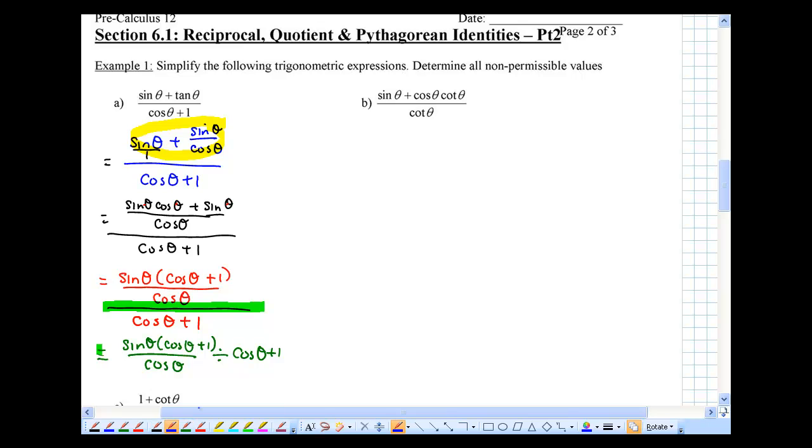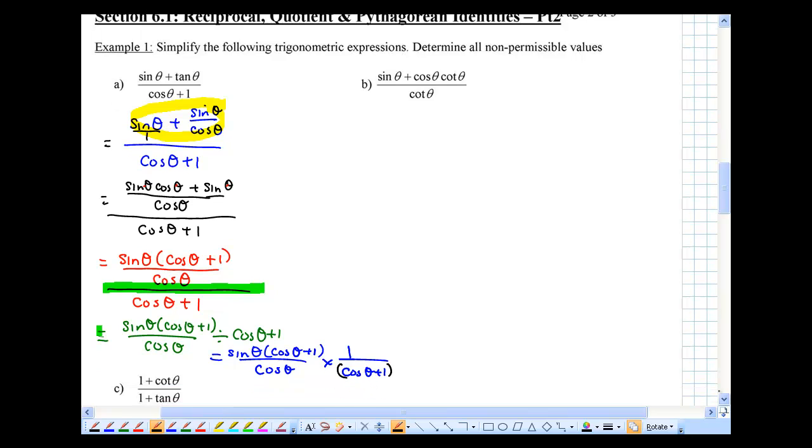And so, running out of space here, but sine theta cos theta plus 1 over cos theta times 1 over cos theta plus 1. See anything that can divide out nicely? I hope you can. And we're left with sine over cos, which is just equal to tangent. There you have it. Tangent.